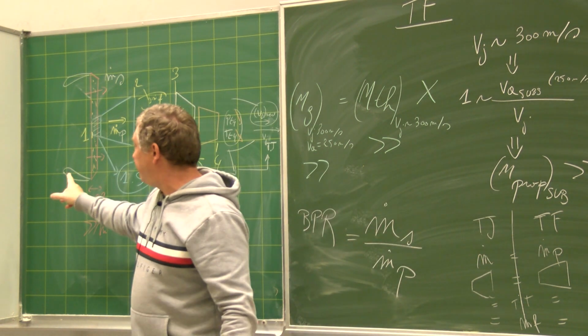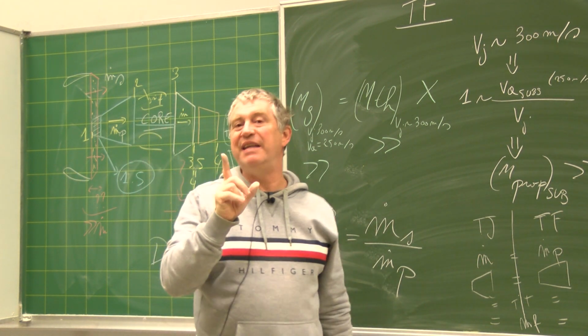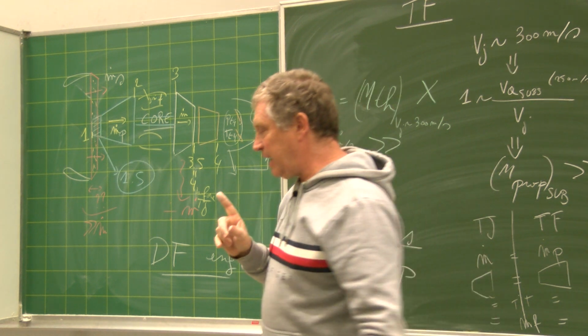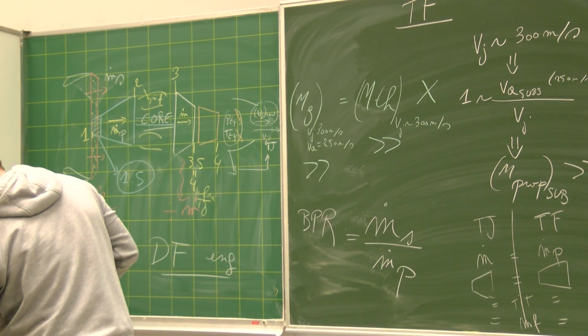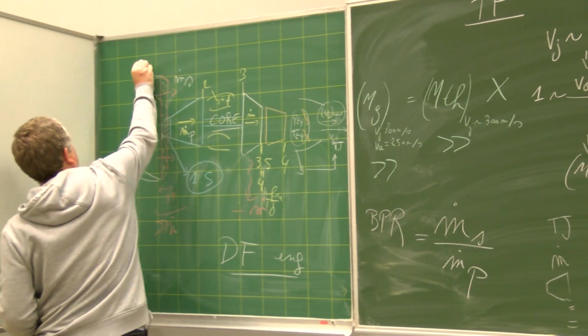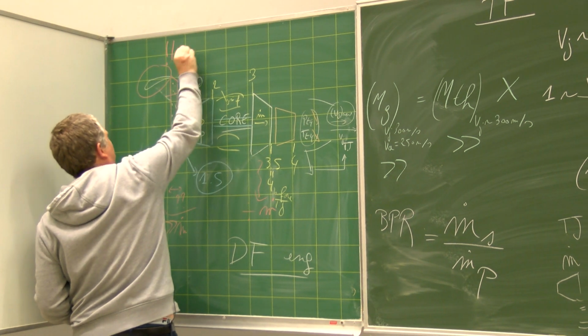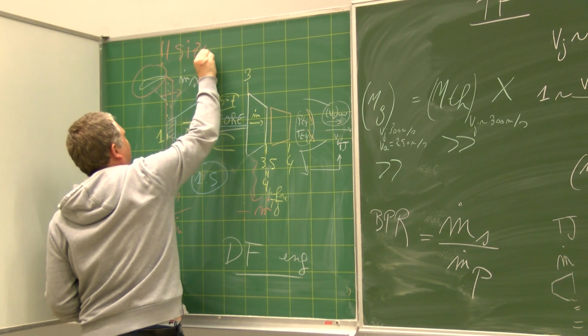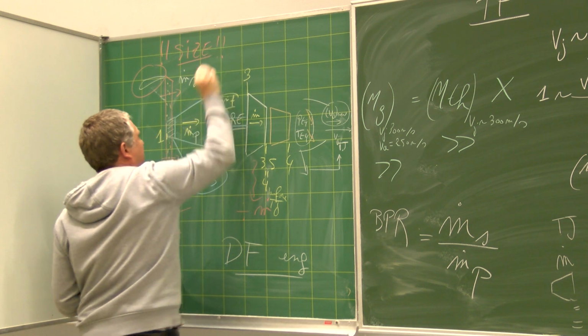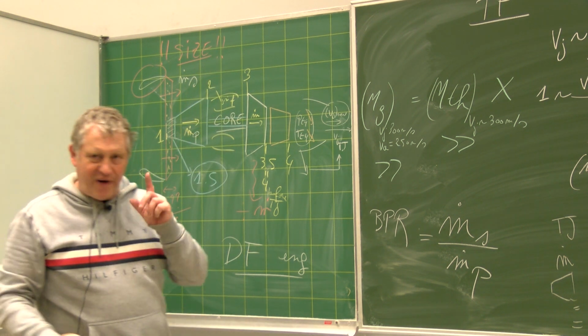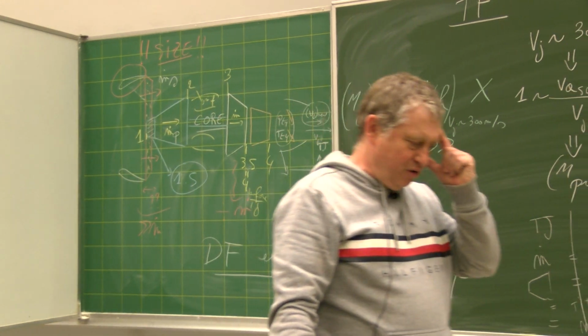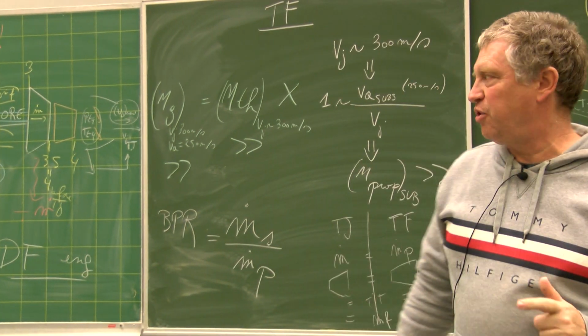I need to be very careful with this intake. This intake is very big. So the size of this intake, I need to be very careful with that. You need to keep that in your mind.